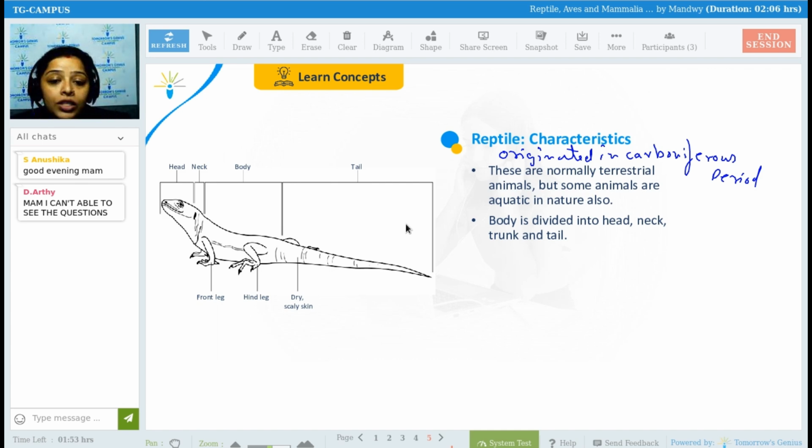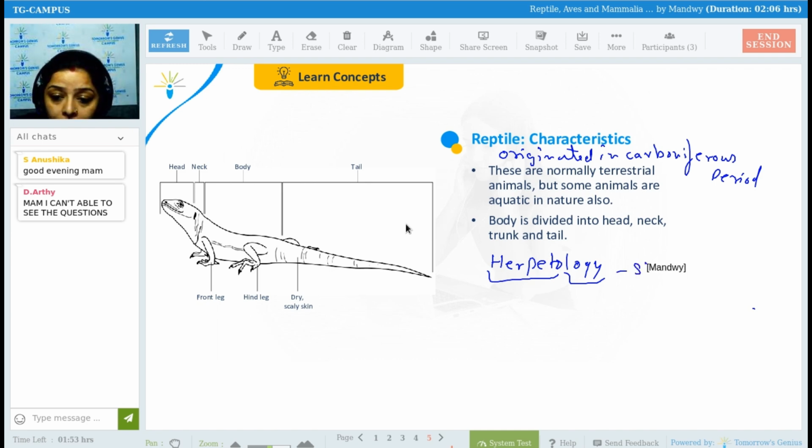The scientific term for the study of reptiles is herpetology. Herp means reptile, and logos means to study, so herpetology is the study of reptiles. Clear?